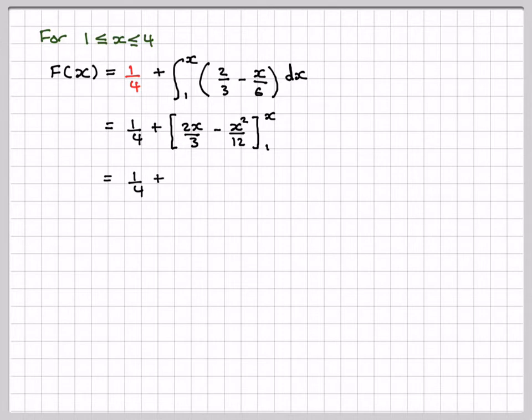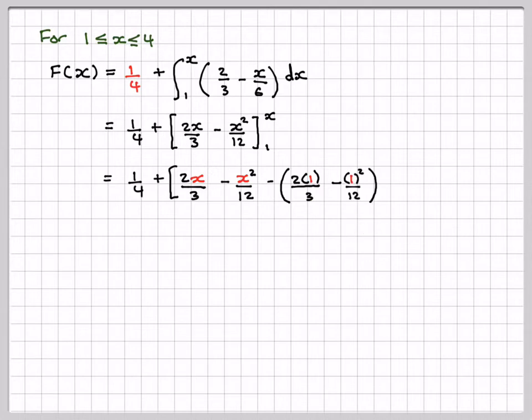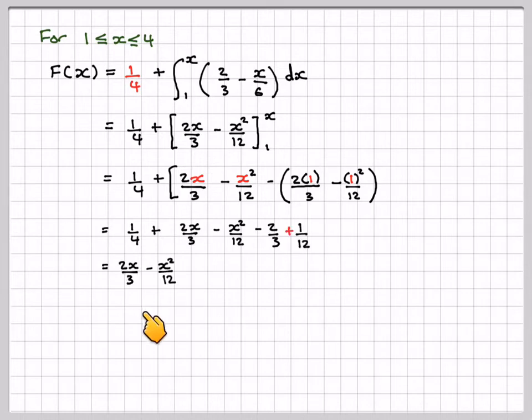Putting in the limits, you get 1/4 plus 2x over 3 minus x squared over 12, minus in brackets 2 times 1/3 minus 1 squared over 12. That altogether will become 2x over 3 minus x squared over 12 minus 1/3.